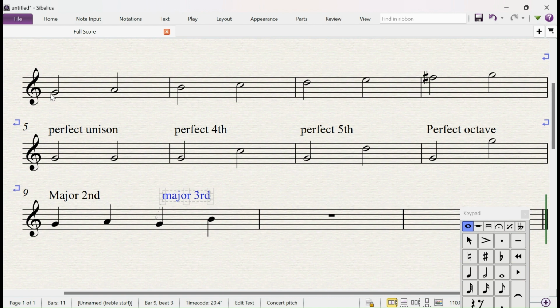And from G, not to the fourth, since fourths and fifths are perfect, all the way up to the sixth note of the scale, that's the interval of a sixth, that is called a major sixth.